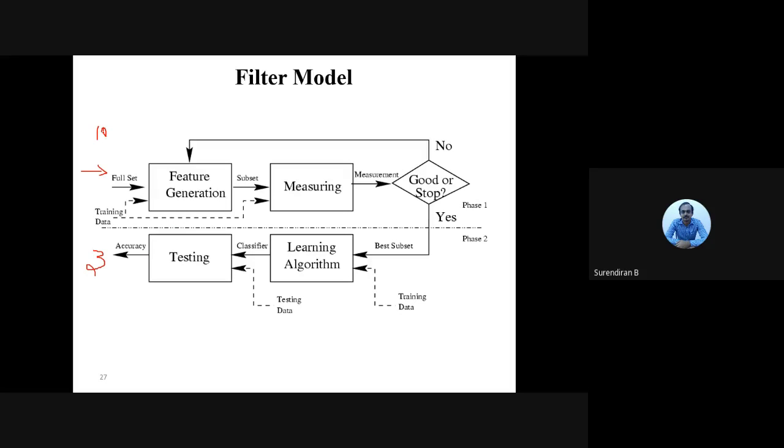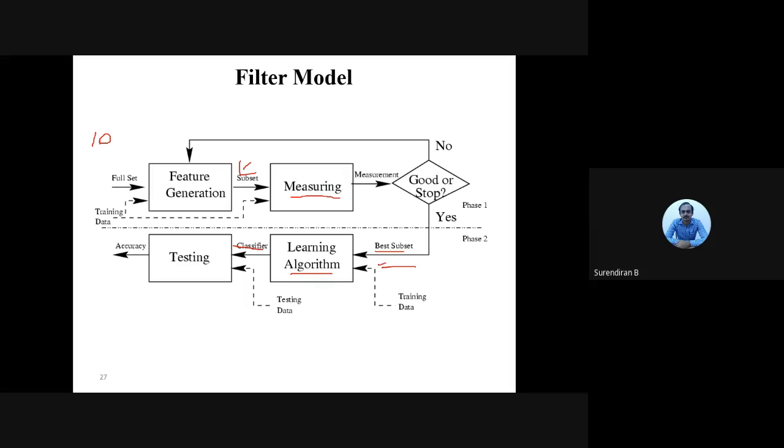From the features, we select the subset using an evaluation measure, such as consistency or distance measures, to identify whether the selected subset is enough or is the best one. If it is the best subset, then it is applied to the classifier. This learning algorithm is a classifier.